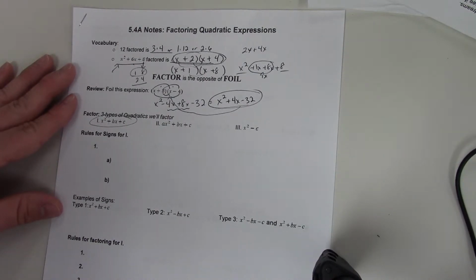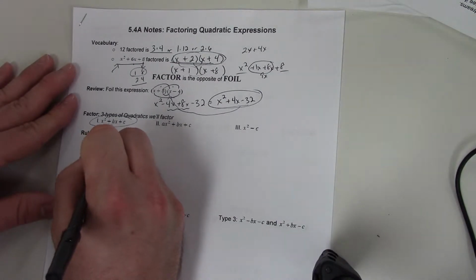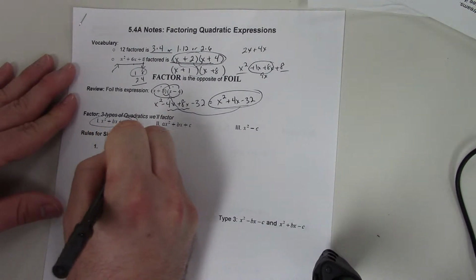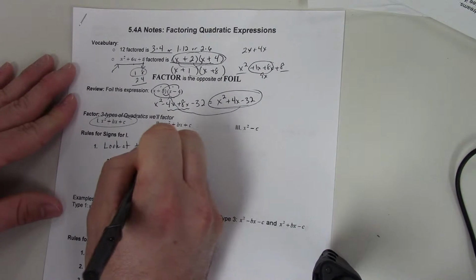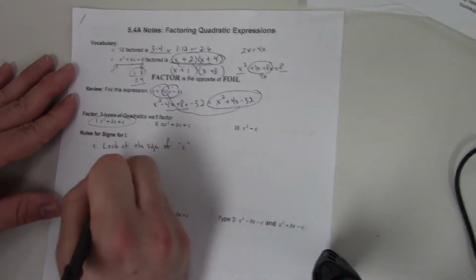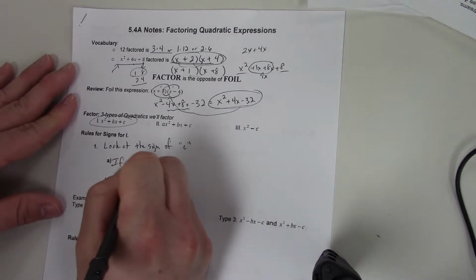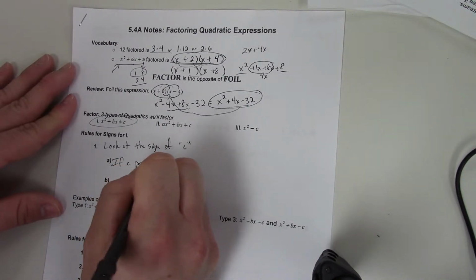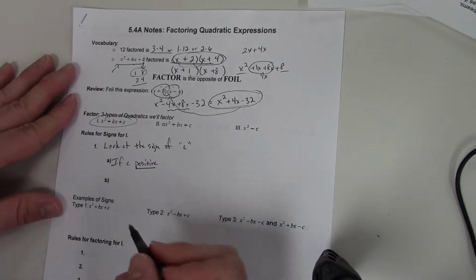There's actually a couple of rules here for doing this. The first one is really look at the sign of c. Okay? If c is positive, obviously there's two cases here, negative or positive.